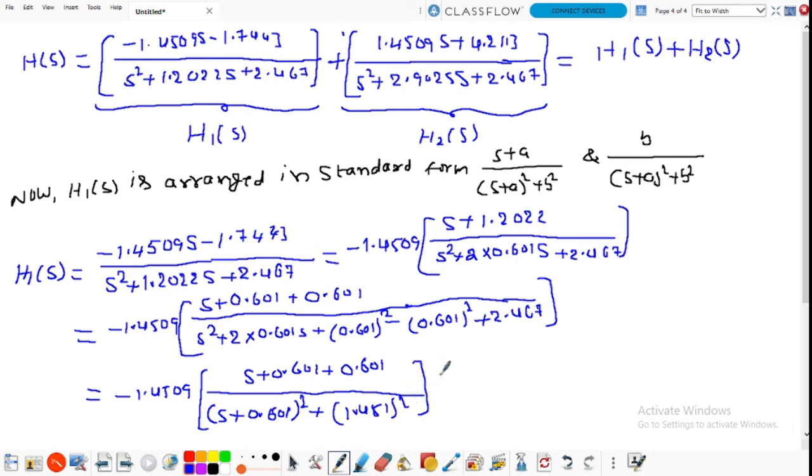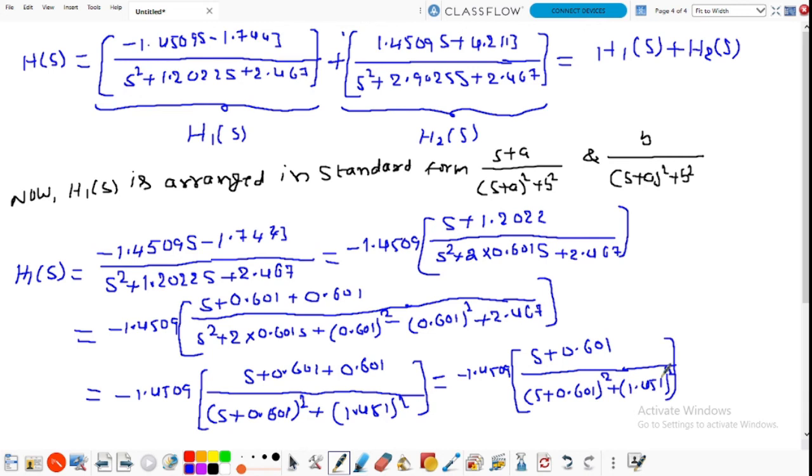So this is written as S plus 0.601 plus 0.601 divided by the denominator term, written as minus 1.4509 into S plus 0.601 divided by the denominator term S plus 0.601 whole square plus 1.451 whole square, into minus.